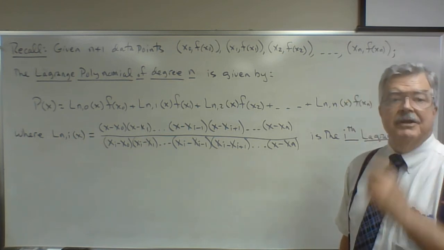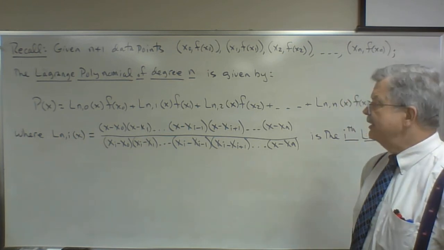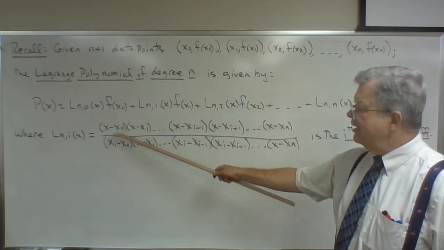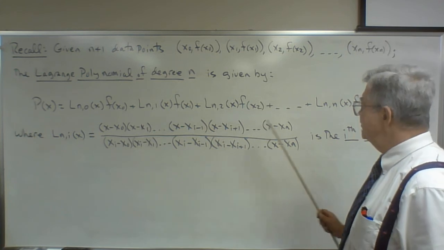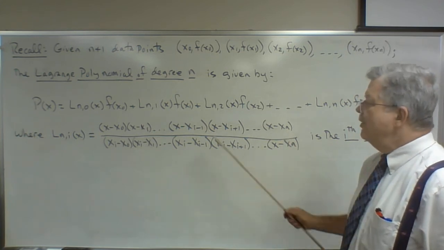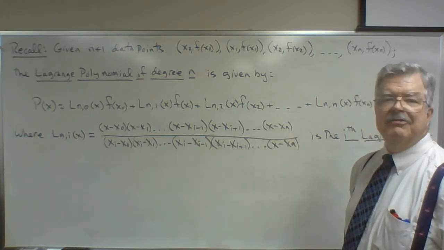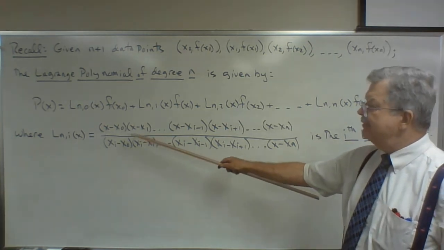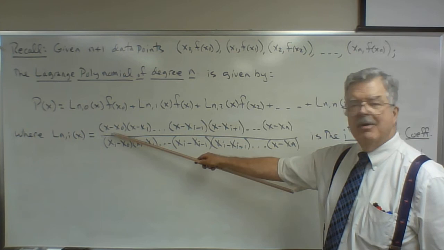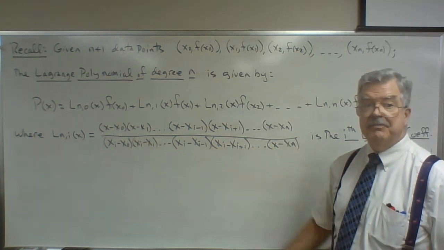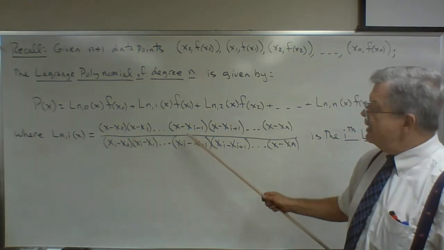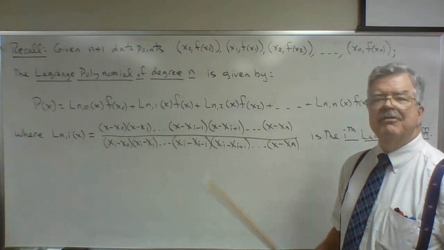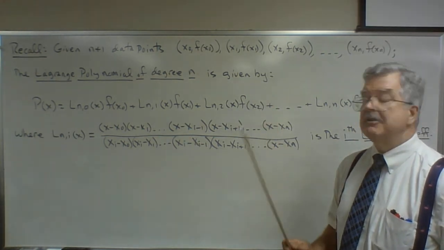And notice again what we observed earlier. In the top we have n factors going from x0 to xn with x minus xi omitted. So in other words, we have n factors, each of them of the form x minus a constant. So the numerator of this thing is the product of n factors of the form x minus a constant.